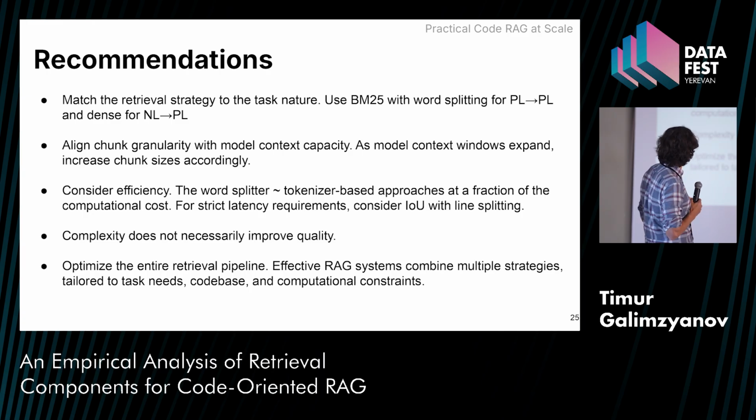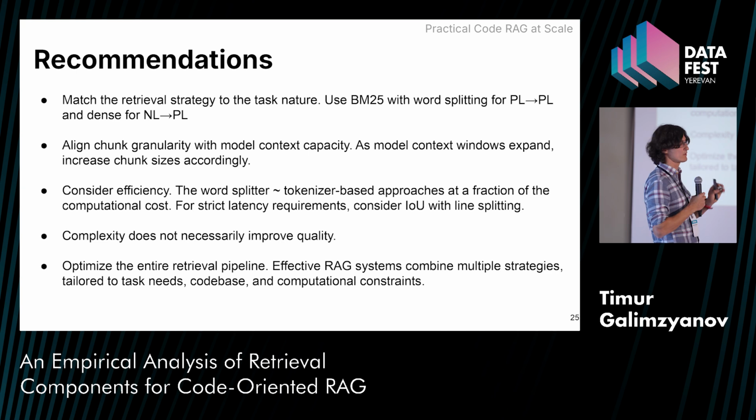So finally, our recommendations: first, tailor the retrieval strategy to your task, then align it to the chunk granularity. Consider efficiency, because there is always room for improvement, but you should be aware of the trade-offs between latency and scores.